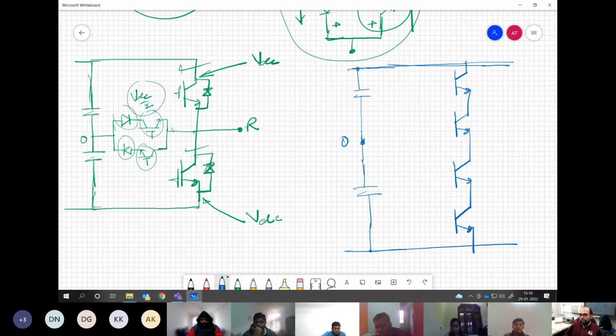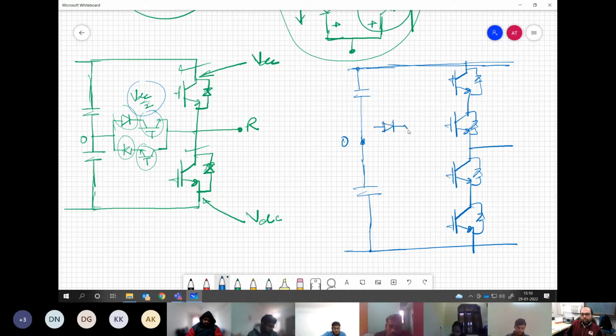You need only VDC by 2 and you will connect blocking capacity of VDC. Economically, that is not justified. You need only half. Why connect more capacity or more rating for the device? You understand the point? Yes, sir.